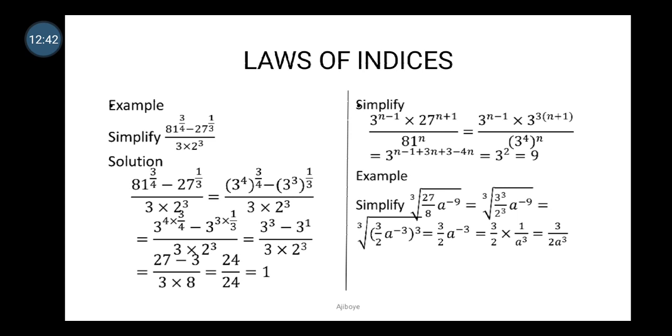So I have 3 over 2, a raised to the power minus 3, all raised to the power 3. And according to the cube root now, the cube root and the power 3 will cancel out. So you have 3 over 2, a raised to the power minus 3. And that will be equal to 3 over 2 times 1 over a raised to the power 3, removing the minus from the 3. Which eventually, when you multiply, will give us 3 over 2a raised to the power 3.